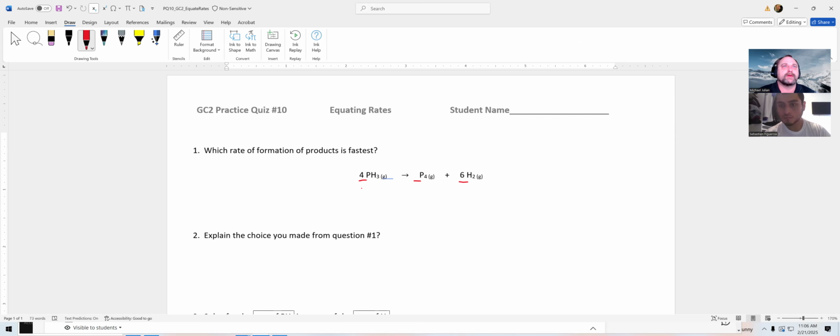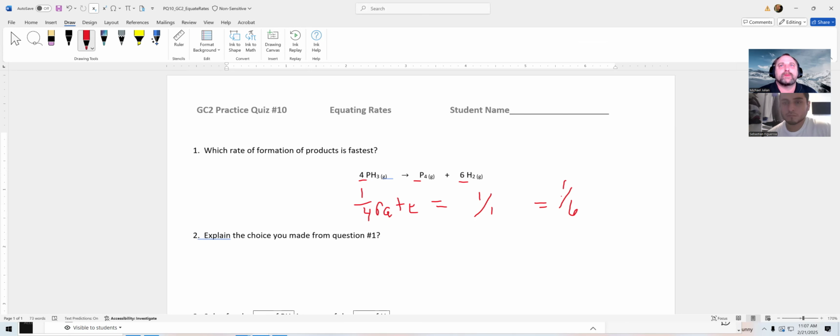So one thing we said we can do is 1 over this rate equals 1 over 1 for the next one, equals 1 over 6 for the next one. It's a little confusing because we still have the H2 forming 6 times as fast as this.